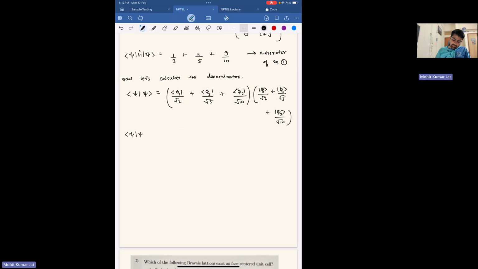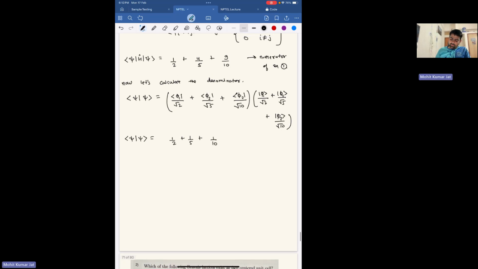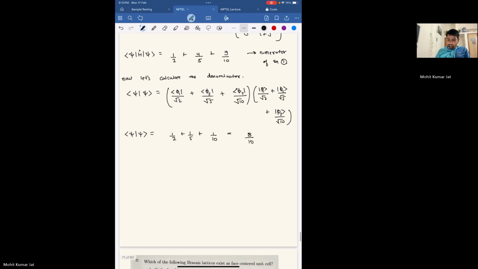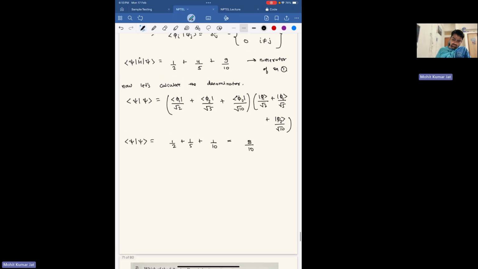This process is known as calculating the normalizing factor, and this will be 1 by 2 plus 1 by 5 plus 1 by 10. So let's calculate this number. 5 and 2 make 7, 7 by 10 plus 1, that is 8 by 10. And I can calculate the numerator also.